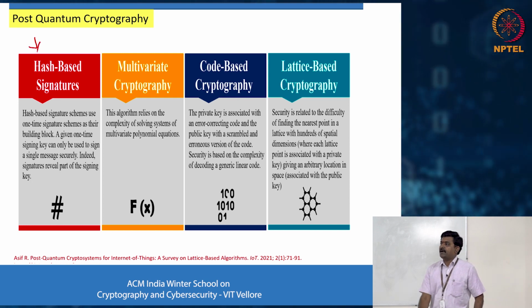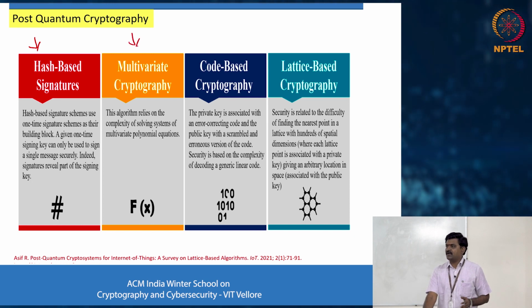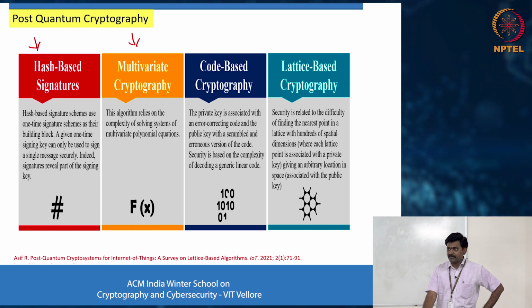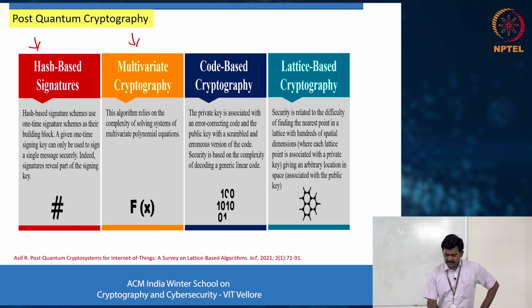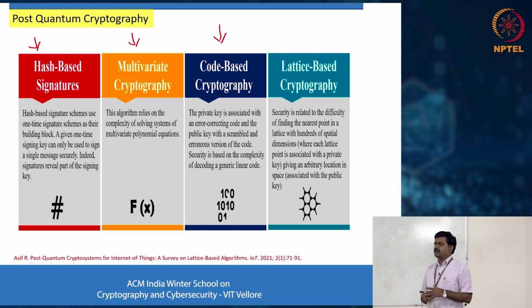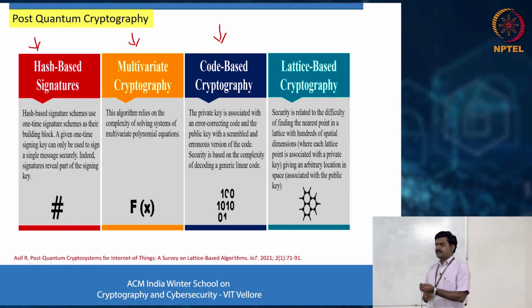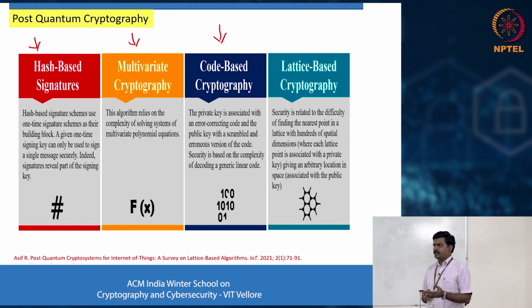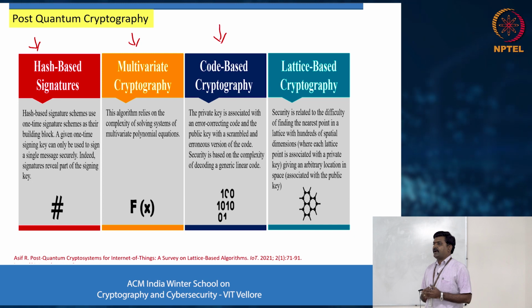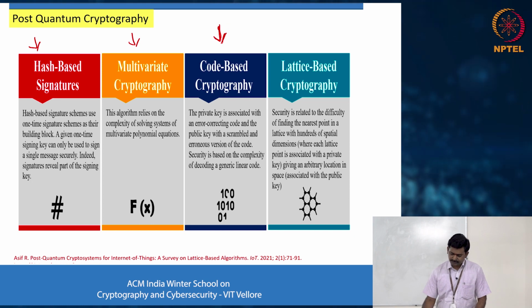Then you have multivariate cryptography, which depends upon solving multivariate equations. Then code-based cryptography, wherein during encryption you induce an error into the code, and then at the receiver you remove the noise. An attacker will not be able to remove the noise. That is the phenomenon of code-based cryptography.